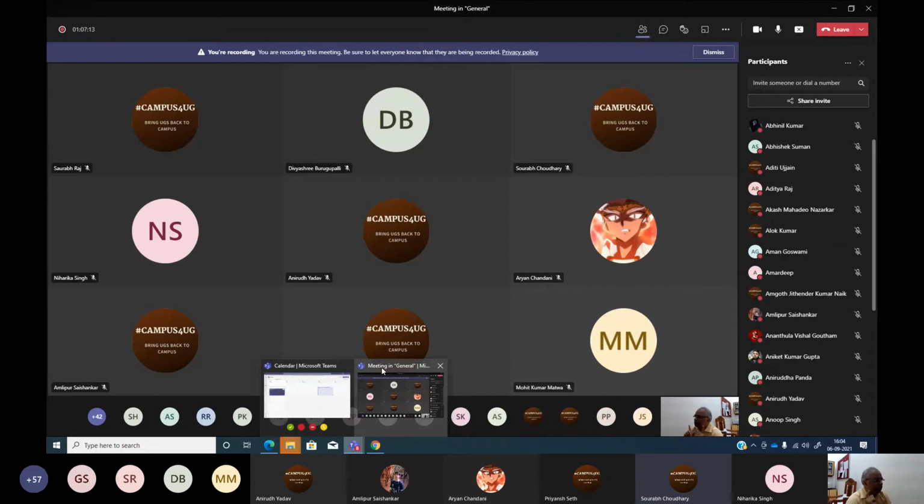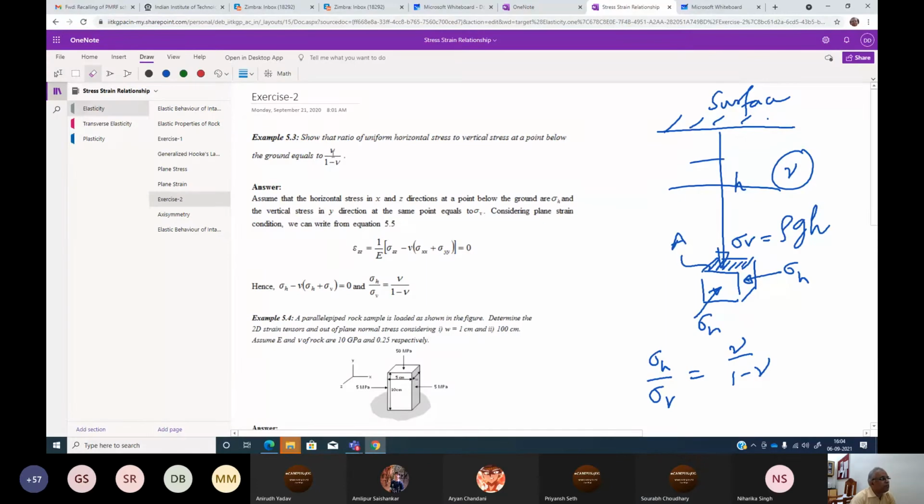Yes, it's the Poisson's ratio. That's why you see the problem. This depends on mu by 1 minus mu. Now if in water they are the same, what will be the mu of water? 0.5. So that is the limit.